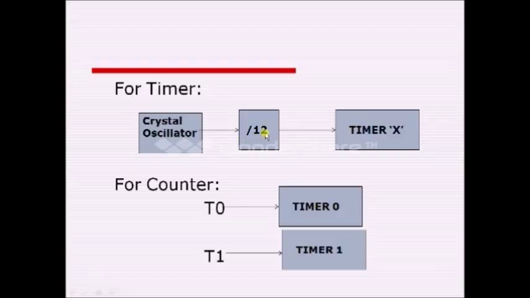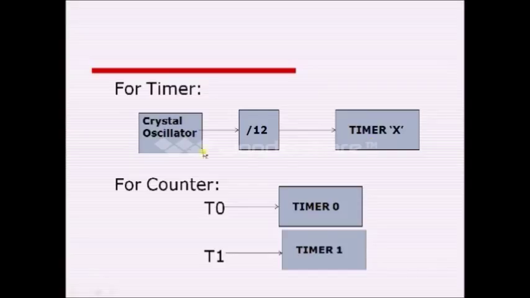Why? Because one machine cycle is nothing but 12 clock cycles. Therefore, this circuit is called the divide by 12 circuitry, and its output is given as the clock input to these timers. This frequency is 921.6 kilohertz. Therefore, these timers receive a clock frequency of 921.6 kilohertz.